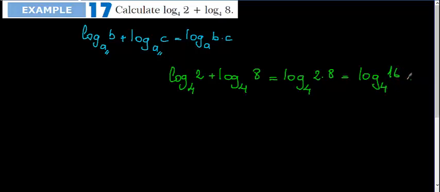For 16, the base is 4, so it's going to be 4 to the power of 2. It is 2 to the power of 4, but the base is not 2, so we should write it in terms of 4. It's going to be equal to logarithm base 4 of 4 squared, which is 2 times logarithm base 4 of 4, and that's equal to 2.